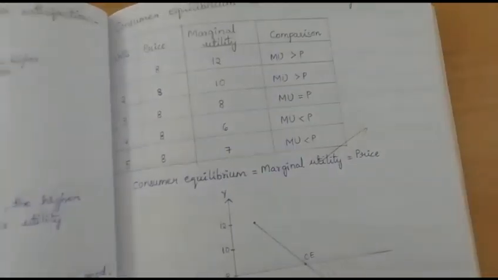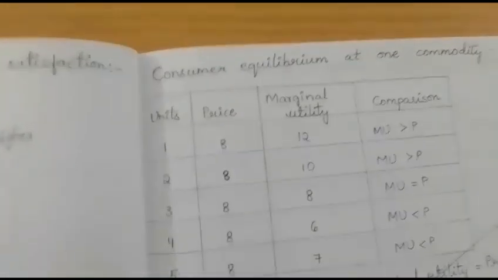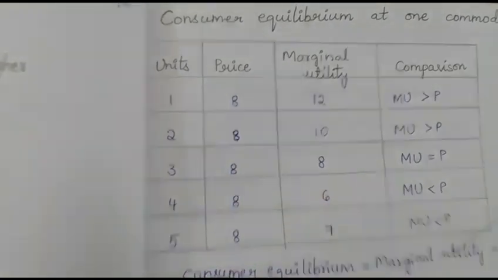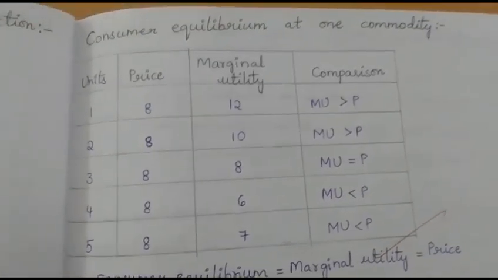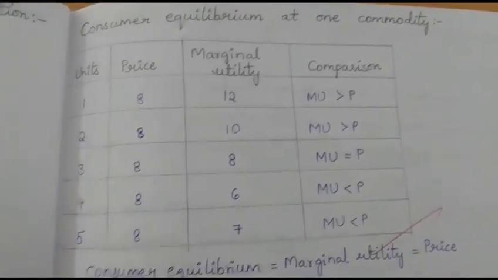Next comes your consumer equilibrium. This is the concept: at which point, with what price? Let's say the price of the commodity you're purchasing is 8 rupees, and the satisfaction you're getting is worth 8 rupees. You will be satisfied, no? Sometimes you spend 10 rupees to buy a chocolate.